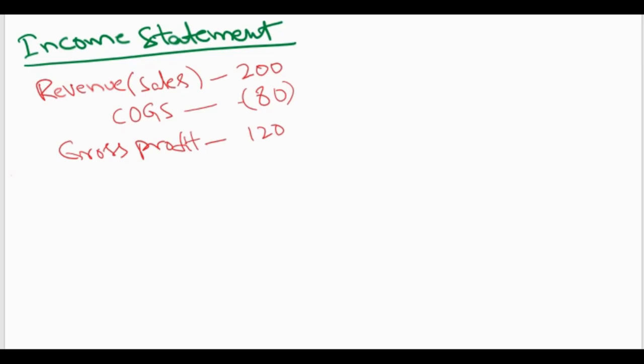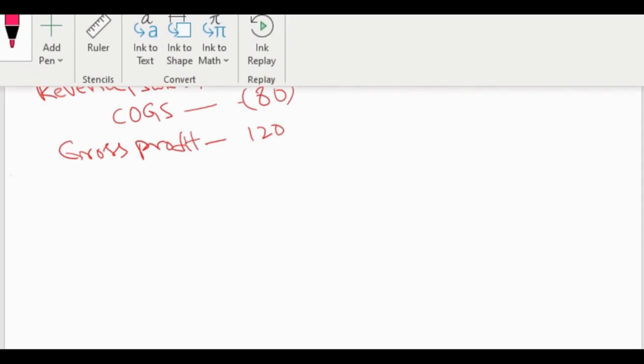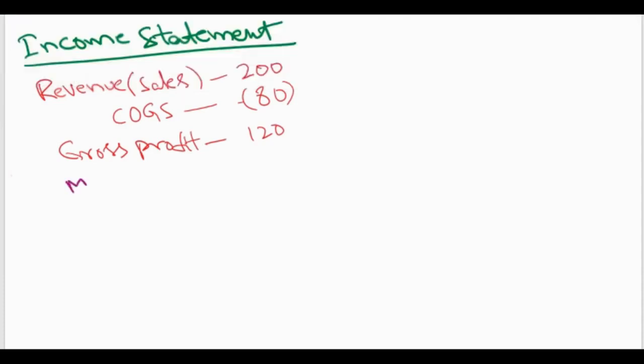So now after that, what do you do to get the next profit? What is that? EBITDA. So you need to reduce other expenses. Let's say you have some marketing and sales expenses, and office and admin expenses.